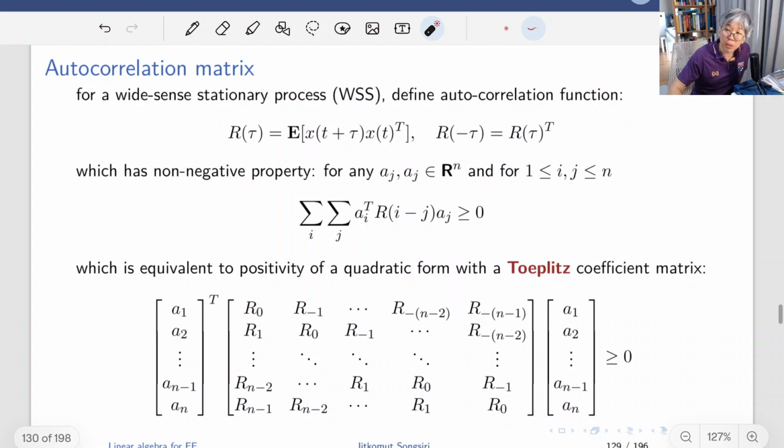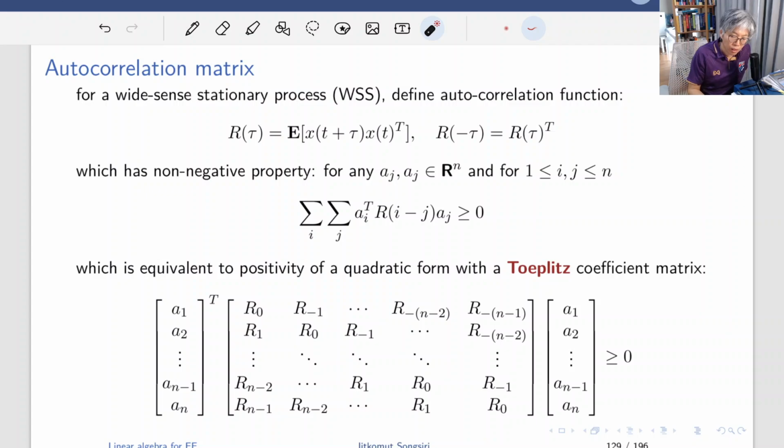You also see the Toeplitz structure when you deal with stationary processes. A process that is stationary in the wide sense has an autocorrelation function that only depends on the time gap between the two time points.